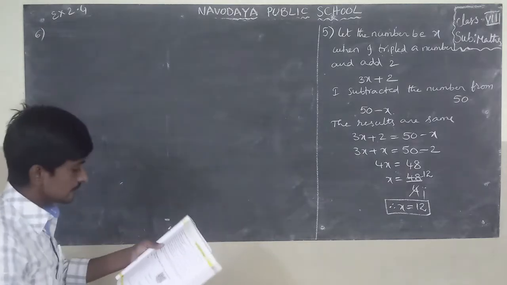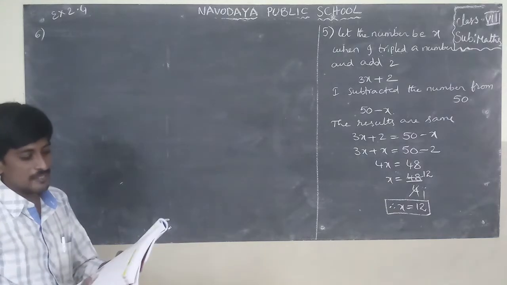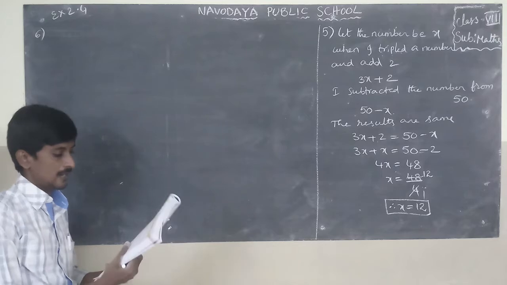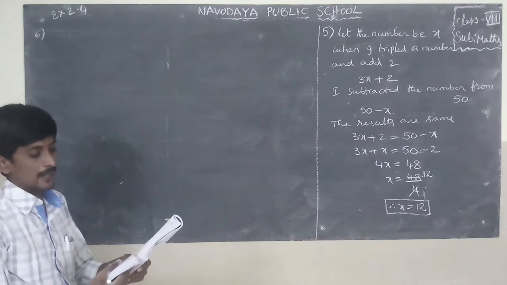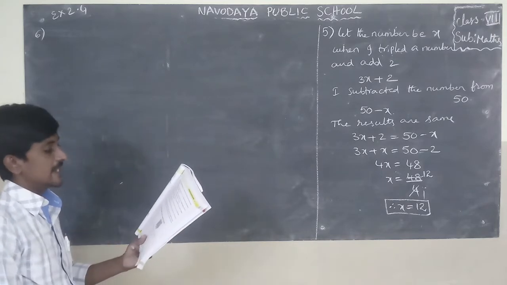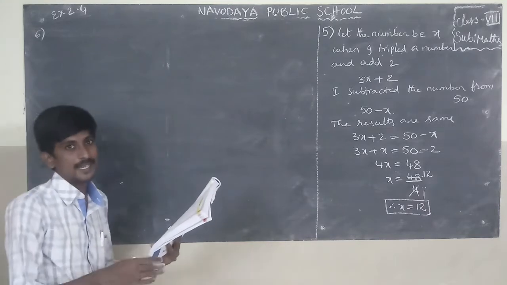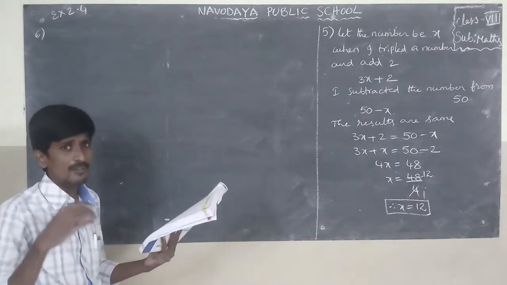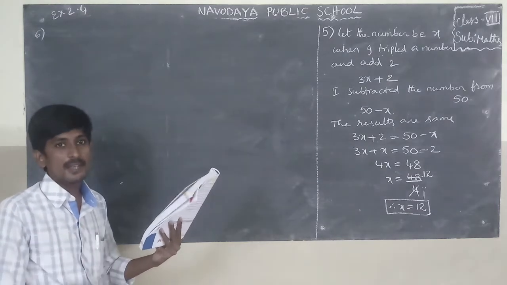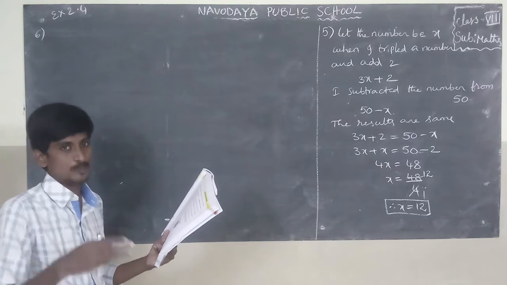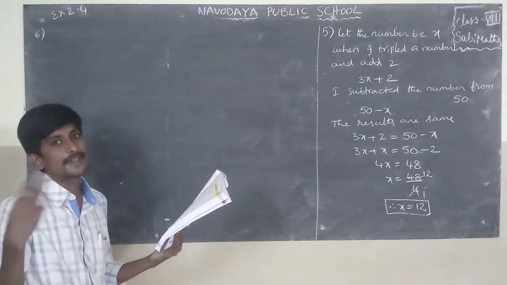Sixth one. Mary is twice as old as her sister. For example, her sister is 5 years, Mary is 10 years. Twice means 2 times, 5 plus 5, 10.